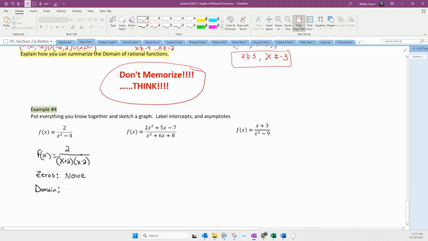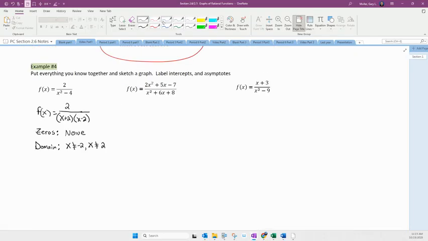So the domain is everything except for x equals -2. X cannot equal +2. So I'm kind of just cheating on how I write the domain right now. Because what does that tell us? That tells me that's where my vertical asymptotes are. And that's what I really care about. So my vertical asymptotes are filling in those gaps. They're going to be at x equals 2 and at x equals -2.